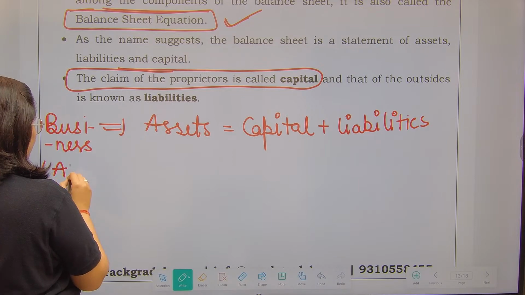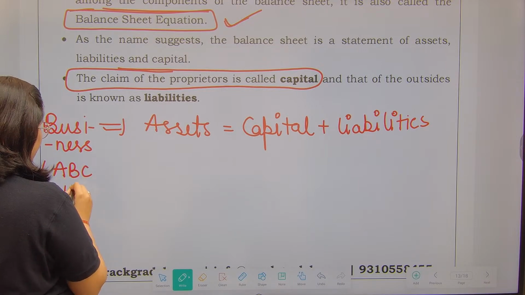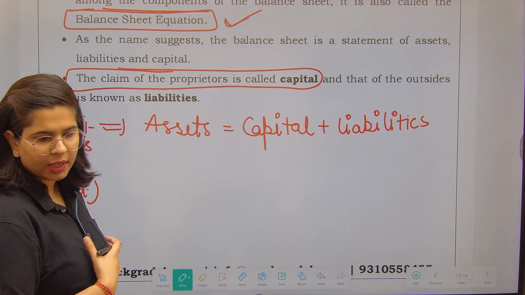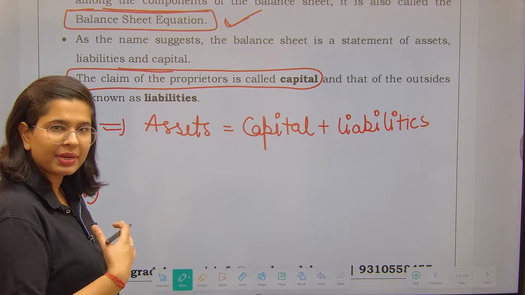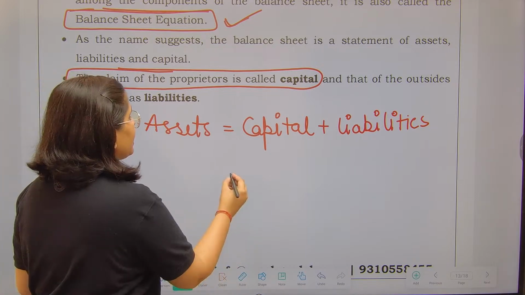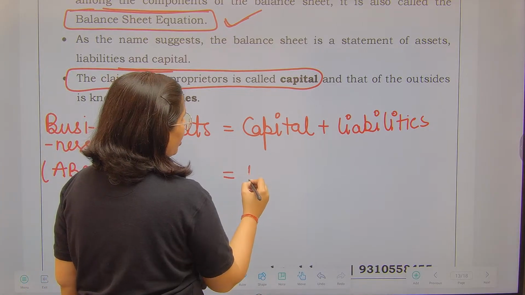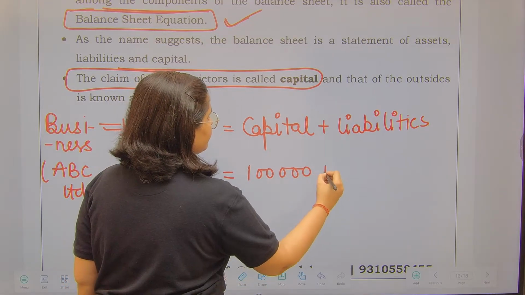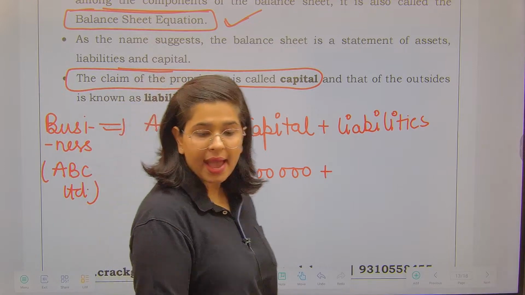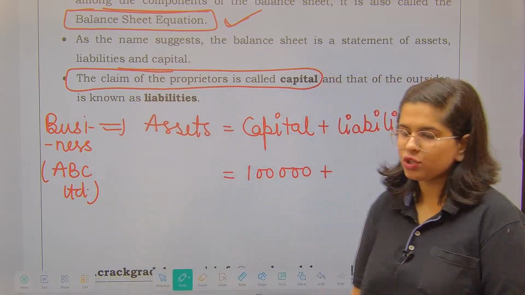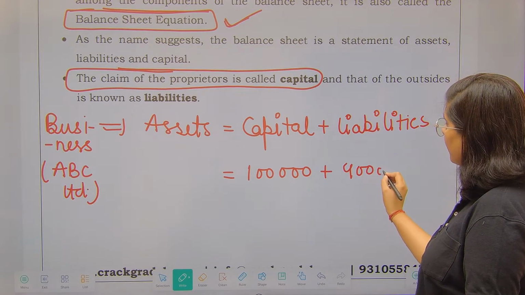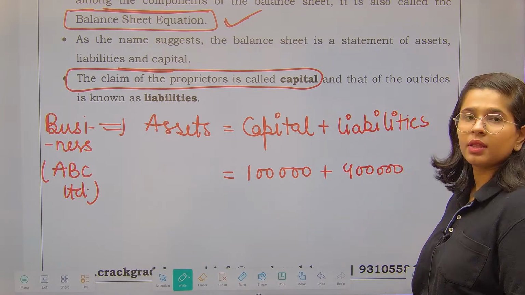Suppose I have a company called ABC Limited. So I am talking from ABC Limited's perspective. I am not talking from my perspective, number one thing. Then suppose I have brought in capital of 1 lakh rupees into my business. I have borrowed 4 lakh rupees from the bank, right?